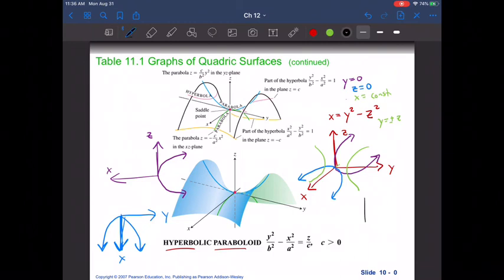So if we have x, y, and z like this, what you'll end up with is a graph where it kind of looks like this on this side, and it's going like this over here, and then it's curving in this way over here, and you have this kind of sheet that's going around, and it's curving over that way like this.